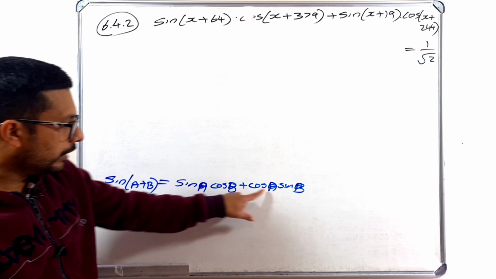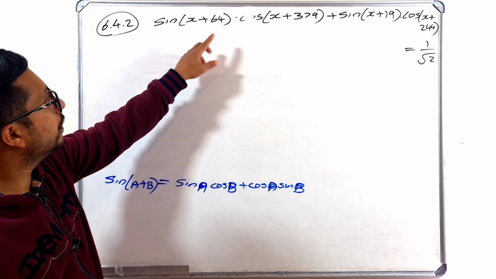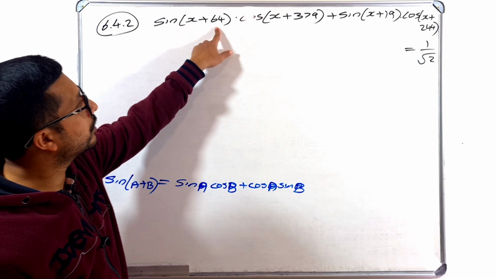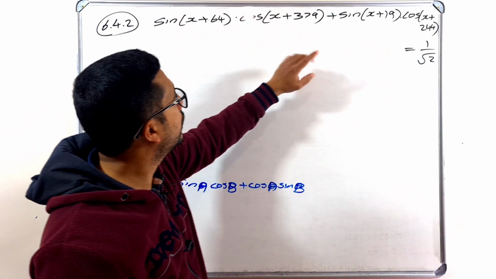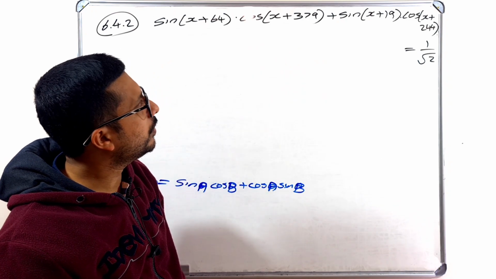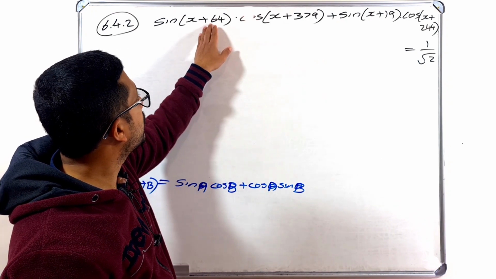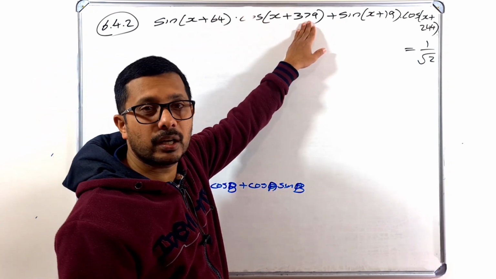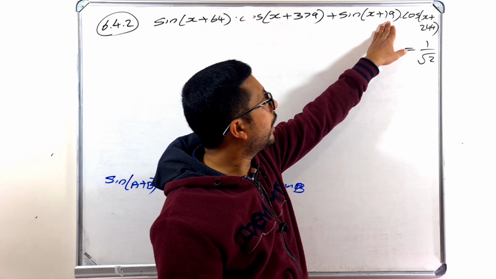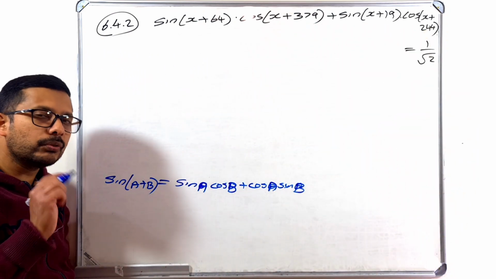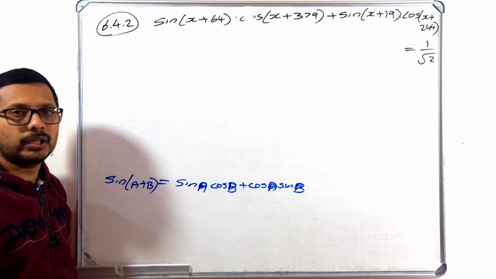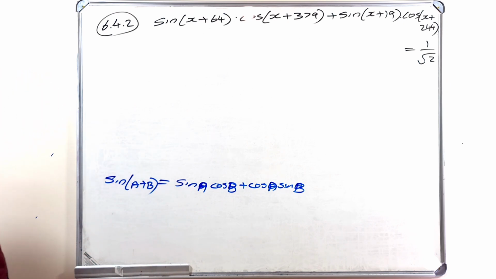But here there is a problem. Here it is a and here also it is a, but look at this one, x plus 64 and x plus 19. So something is not the same. Here it is 64, here 379, here 19, here 244. So it means we have to adjust something there. How many marks for this question? 6 marks.